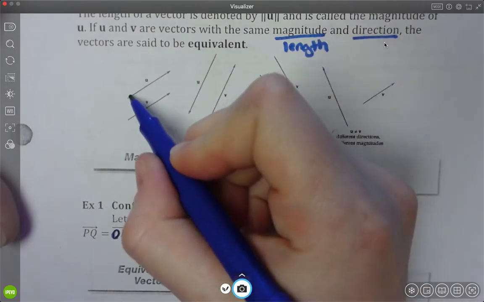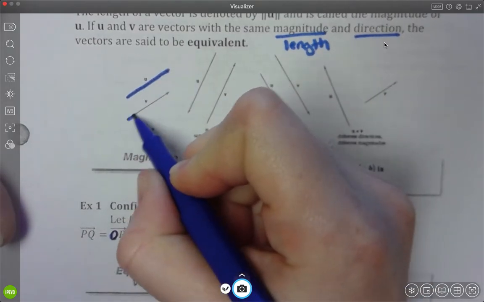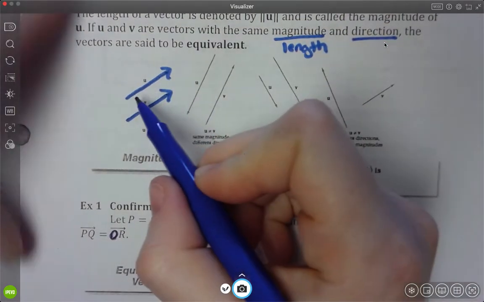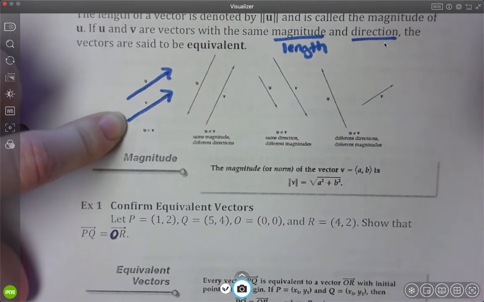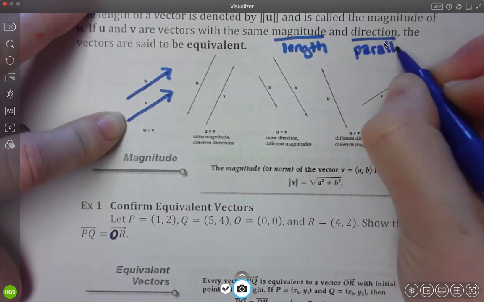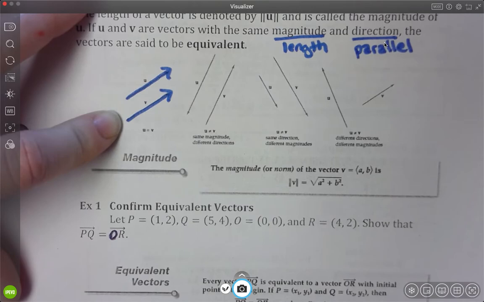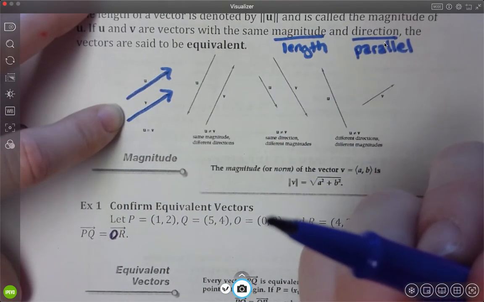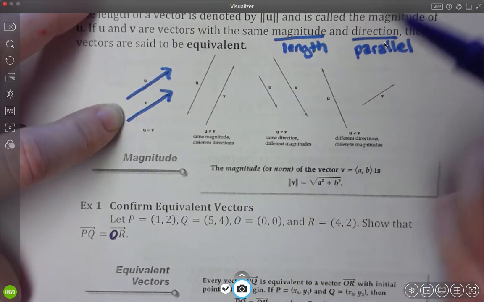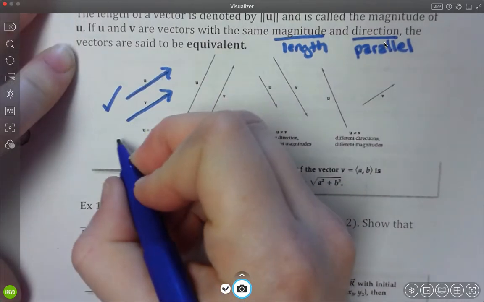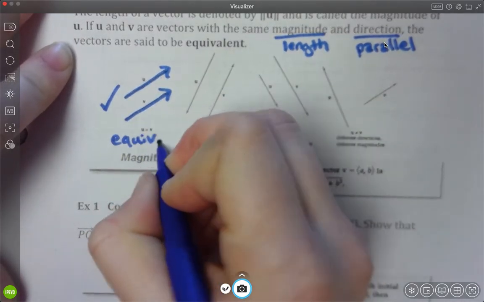So you notice these vectors U and V, they're both going toward the top right, and they are parallel to each other. That can help you determine directions. If they are parallel, they're going the same direction, and they have just about the same length. If I got a ruler out and measured those, I bet they would be about the same length, okay? So these two are equivalent.